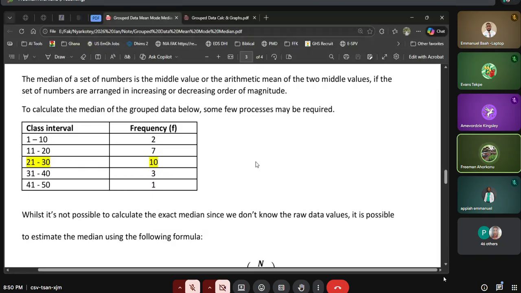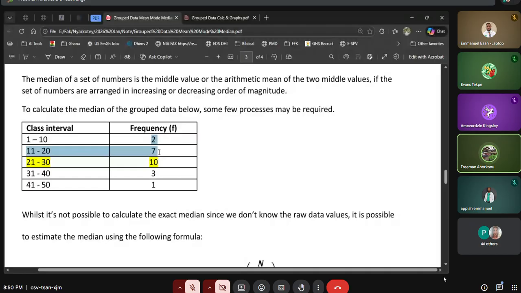And 19 is already more than 11.5, so we'll stop there. Therefore, the median class is the same class that is the modal class. The median class is 21 to 30.